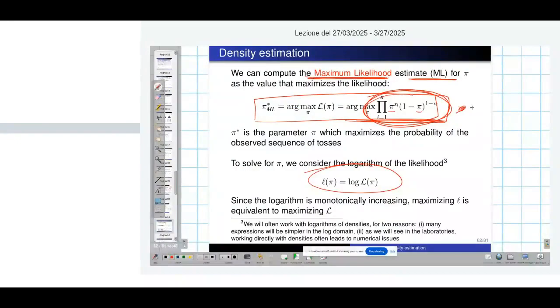We cannot have a likelihood function that takes value minus 1, because probabilities are always positive.